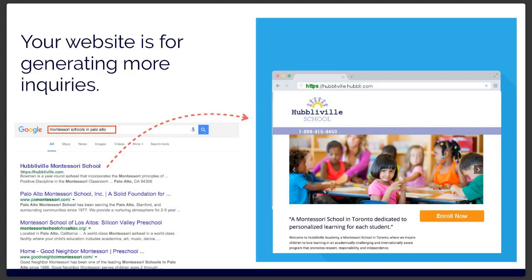Additionally, your website can be found by search engine optimization. I'm not going to dive too much into this, but you want to be obviously found by search engines, by people doing searches online.